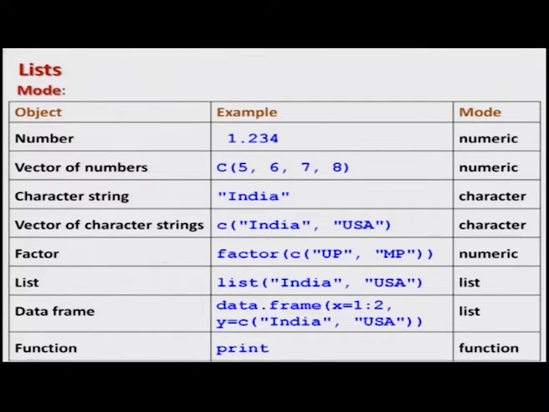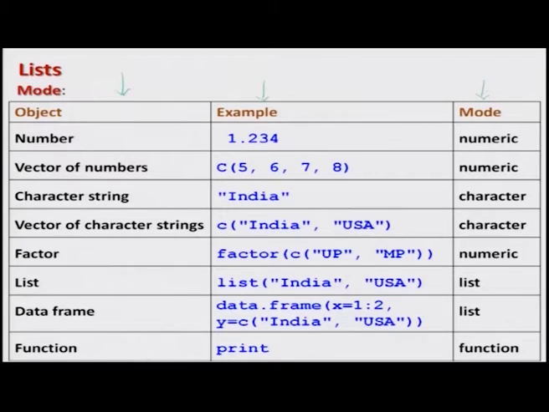So, here in this table I have listed the possible modes, and then I will take an example of what we mean by that particular type of mode and what is the mode mentioned in the third column.